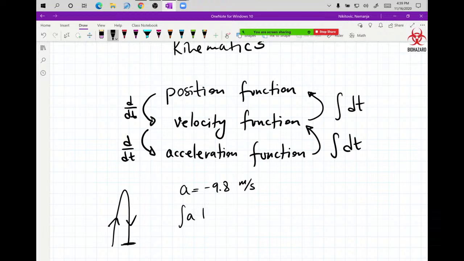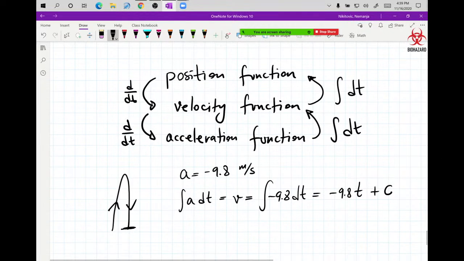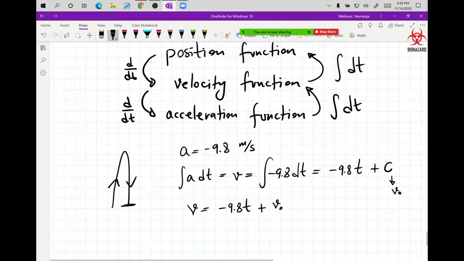So the integral of acceleration with respect to time is the velocity. Negative 9.8 integrated with respect to time gives negative 9.8 t plus some constant c. So your velocity becomes negative 9.8 t plus, instead of a c, I'm just going to call it v0, because that's my initial velocity.